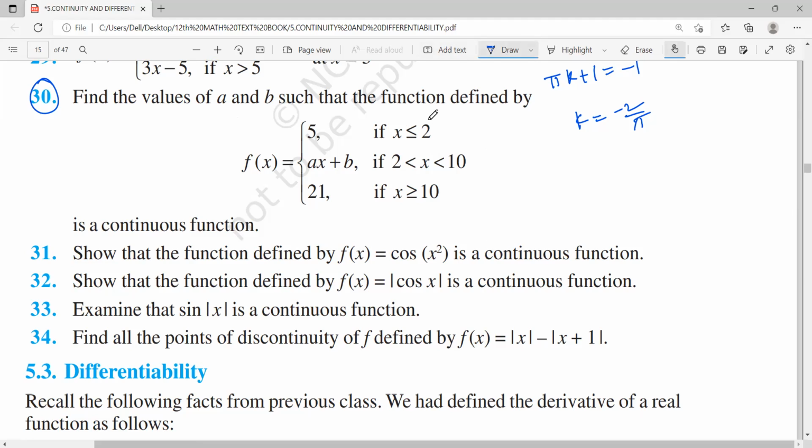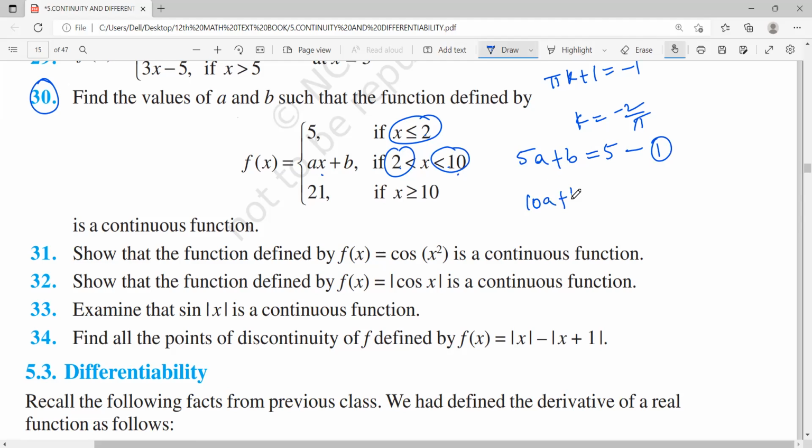If you apply the left hand and right hand limits at 2, what you get is 5a plus b equal to 5. And at 10, the left hand limit is 10a plus b, but the right hand limit is this one.